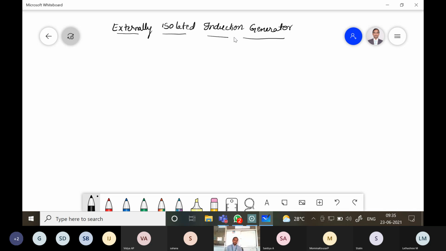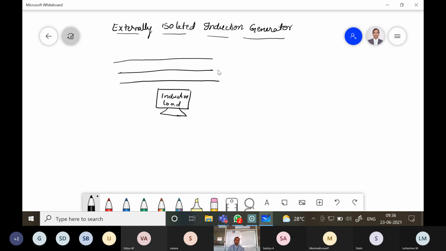Okay, so this means suppose we have an induction motor or induction load that is connected to the three-phase supply.